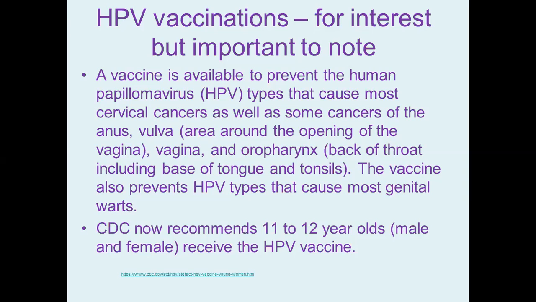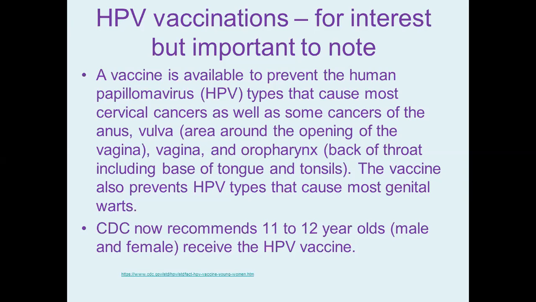Also cancers of the vagina and cancers of the oropharynx. That means the back of the throat, including the base of the tongue and the tonsils. And this vaccine also prevents the HPV types that cause most of the genital warts.